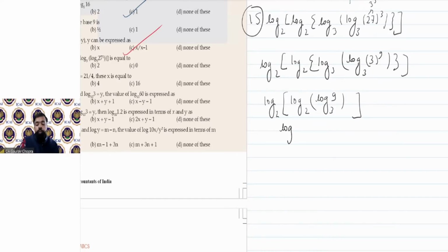In log base 2 square, 2 will come forward. Now what is log 2 base 2? Log 2 base 2 is 1. So the final result of log of 1 is equal to 0. So log 1 is always equal to 0. This is the result.